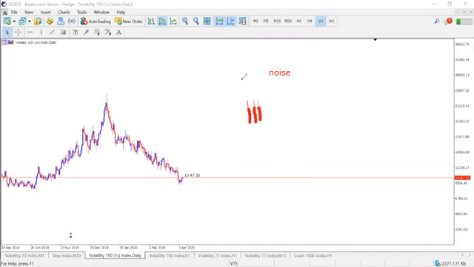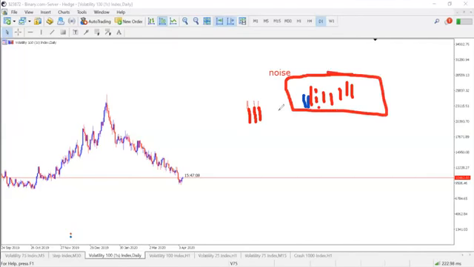On a lower time frame, let me just tell you what might happen here. What you might find is a lot of noise, having bullish candles, bearish candles here and there, like those candles are clustered within what we call a consolidation.